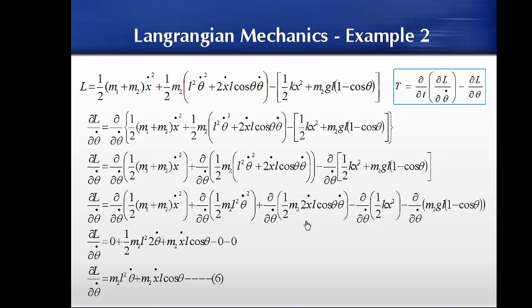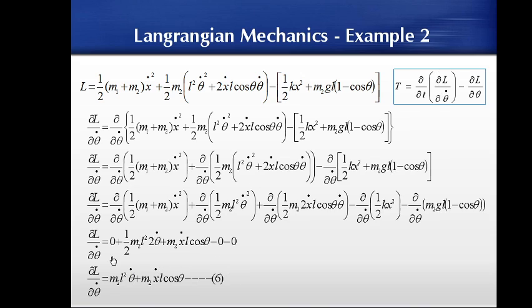And this term also has theta dot, so this 2 and this 2 can cancel, so m2 ẋ L cos theta into ∂/∂θ̇ of theta dot, that is equal to 1. Here it doesn't have any theta dot, so it's equal to 0, and this is also equal to 0. So I get ∂L/∂θ̇ equal to m2 L² θ̇ plus m2 ẋ L cos theta. Okay, so I got this term.